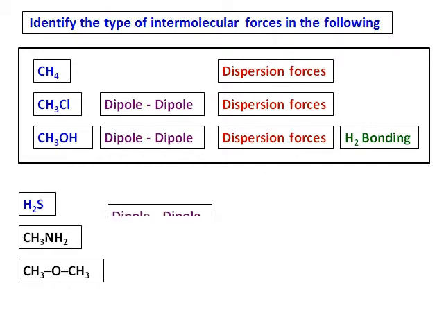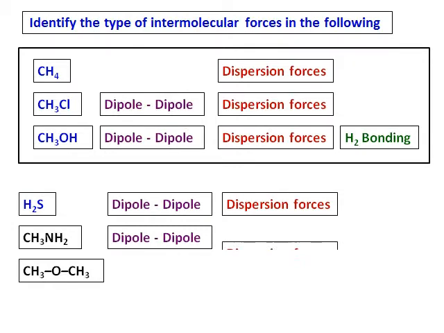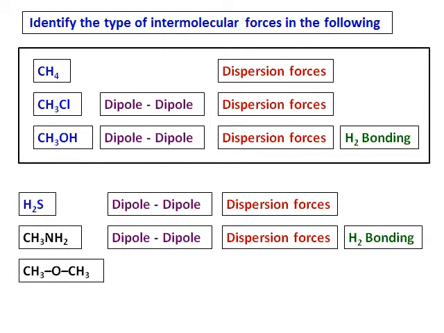Hydrogen sulfide, because it is polar, will show the dipole-dipole interaction. It cannot form hydrogen bonding, but it will have dispersion forces. Then methylamine, hydrogen is attached to nitrogen, and it is polar, so it will have the two forces, dipole-dipole and dispersion forces, and because hydrogen is attached to nitrogen, it will have hydrogen bonding also.